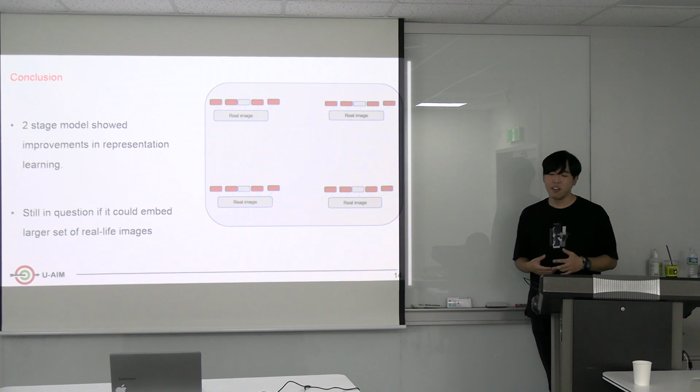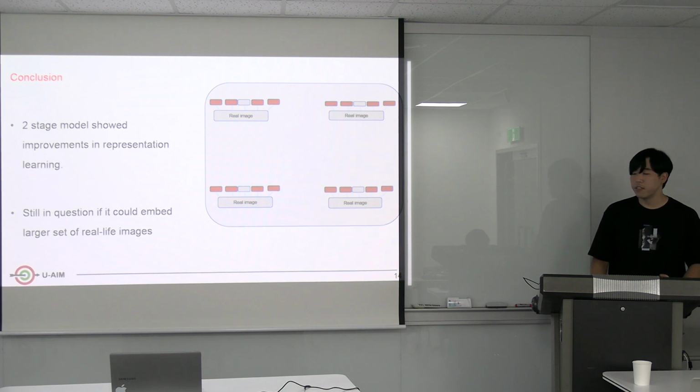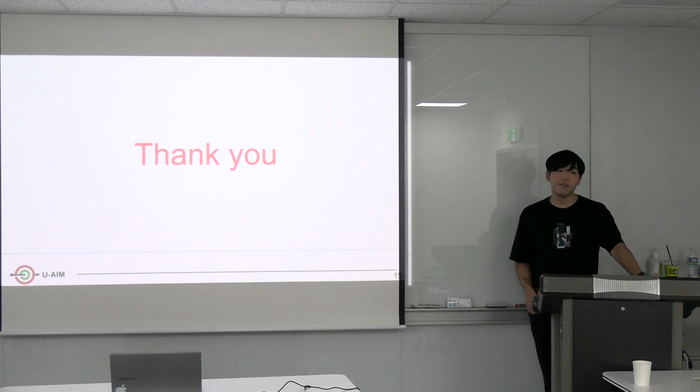What I mean by a large set is the archives from the past or the present, such tremendous sets of images. This is what I'm going to present today, and I ask that you feel free to ask any questions.